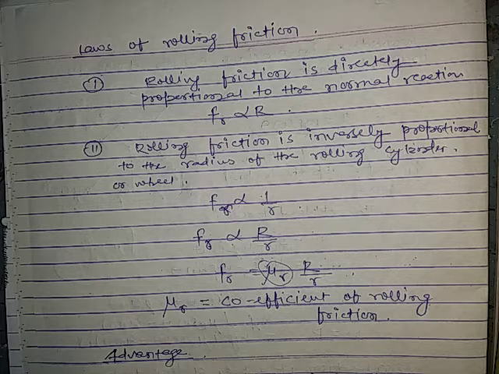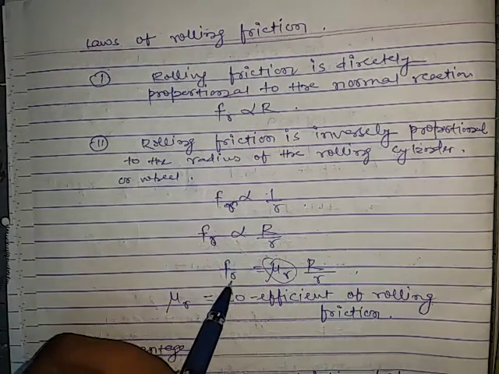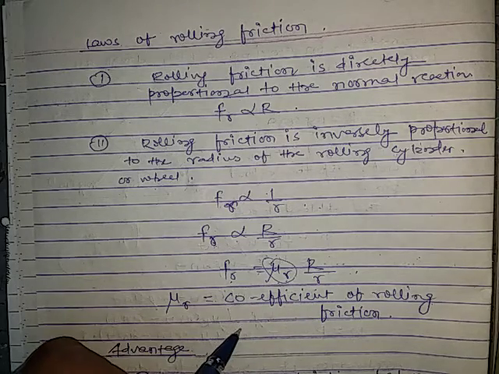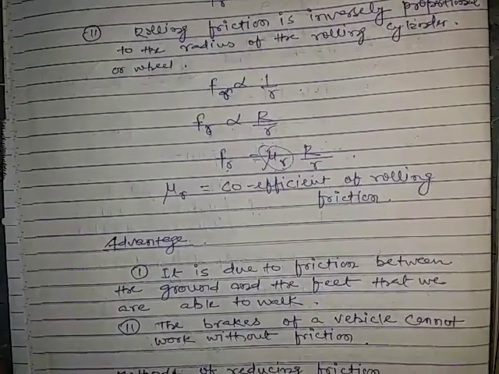Combining both, Fr is equal to mu r R by r, where mu r is called the coefficient of rolling friction.